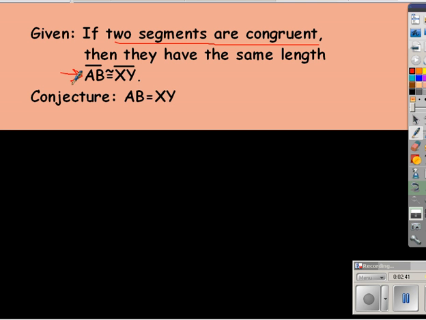Since they match, our conjecture that AB is equal to XY, those measures, are going to be equal. So this is a valid statement, because the law of detachment allows us to make that conjecture.